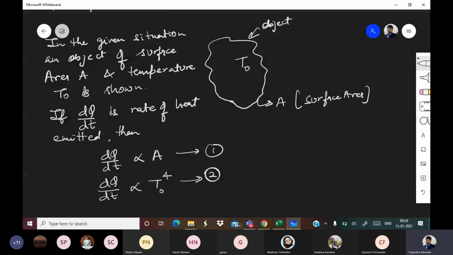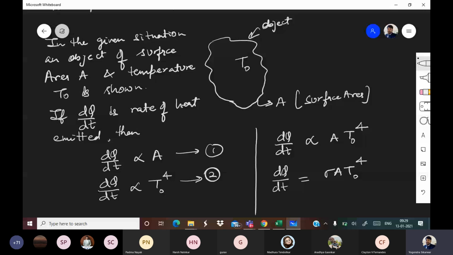If you club these two, then dq by dt is proportional to A T naught to the power 4. And when you remove this proportionality, you get dq by dt is equal to sigma A T naught to the power 4. Here sigma is a constant called Stephen's constant.